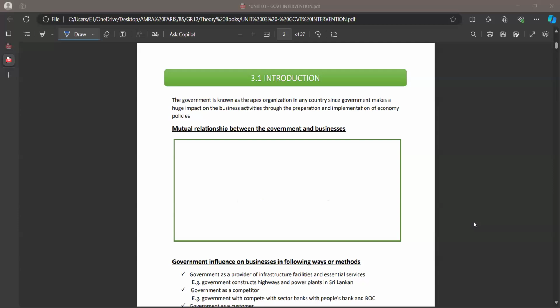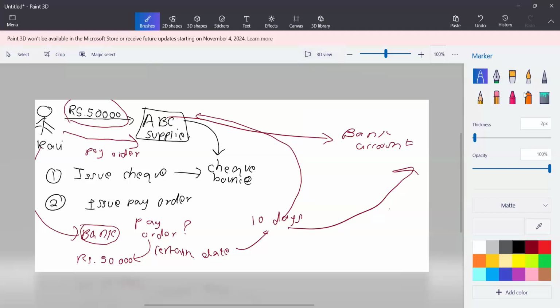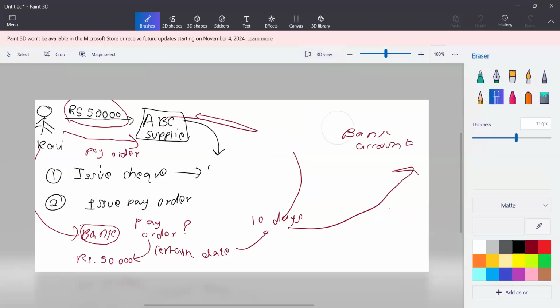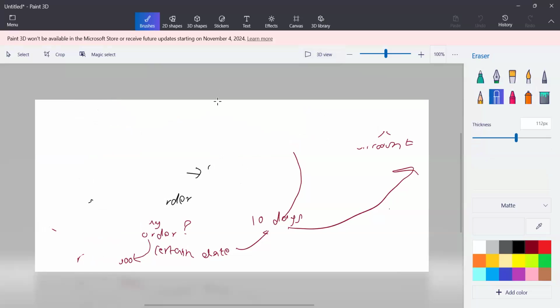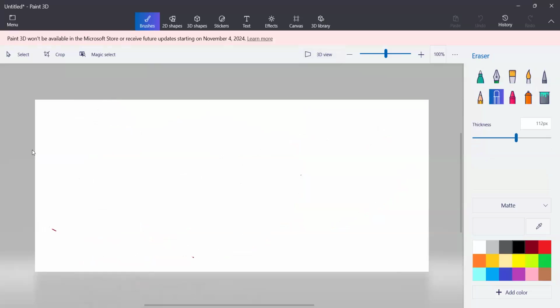Both sides should get benefited. That is what we call a mutual relationship. Now here there is a mutual relationship between the government and the business. Now I'm going to explain that mutual relationship. After that I will give the notes for you all.